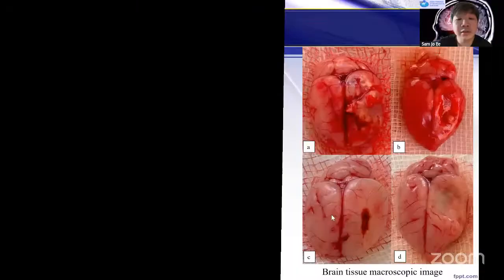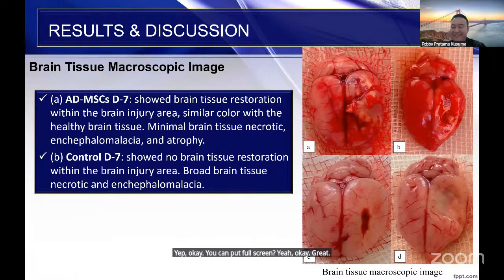Yeah, okay, you can put it full screen. I'm sorry, maybe there's a problem with this slide. So this is the result, the brain tissue macroscopic image.